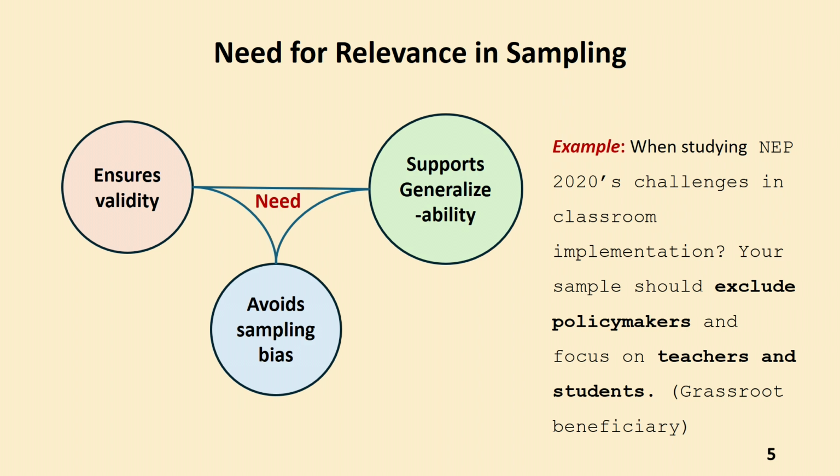Then definitely you are not going to ask the policymakers. You have to take the opinions, attitudes, and feedback related to classroom implementation from those who are implementing it at the grassroots level, the primary beneficiaries, teachers and students. So this is how you establish the relevancy, and this is why it is very important that you select a relevant sample in your research.